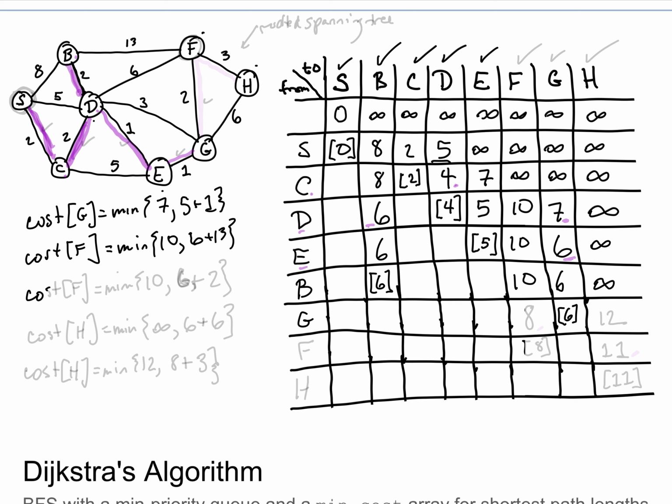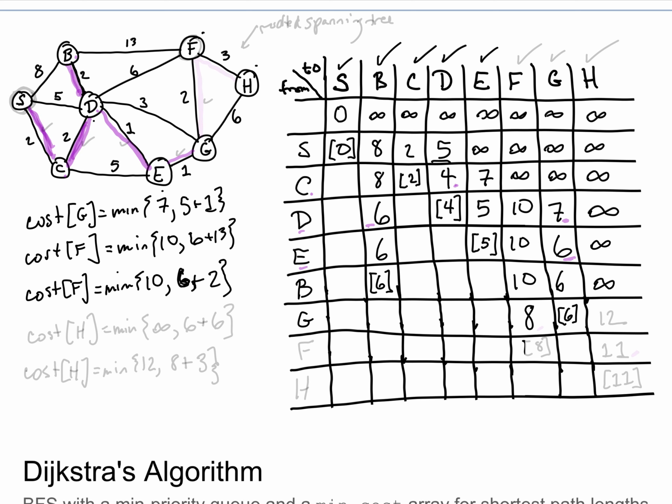Now the new cost of F in this round is the minimum of the previous cost, which was 10, and the cost up to G, which was 6, plus the cost of the edge from G to F, which is 2. So it's the minimum of 10 and 8, and now that has been improved, so the cost of F is improved to 8.